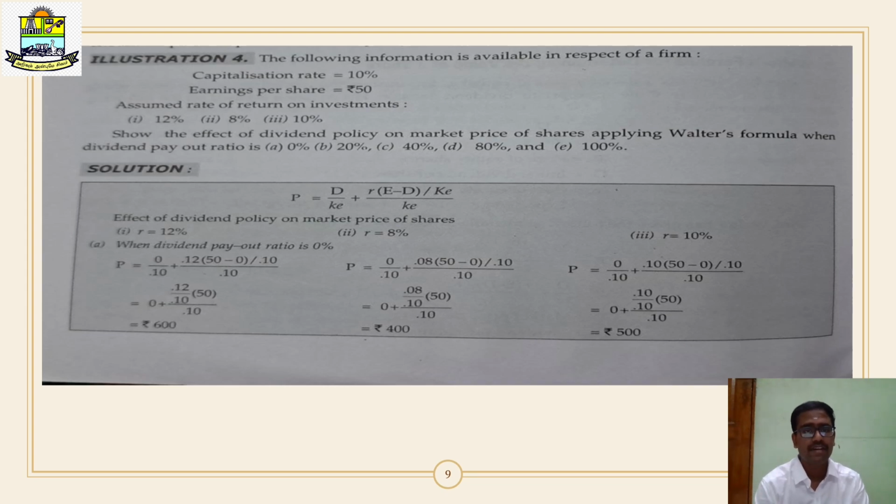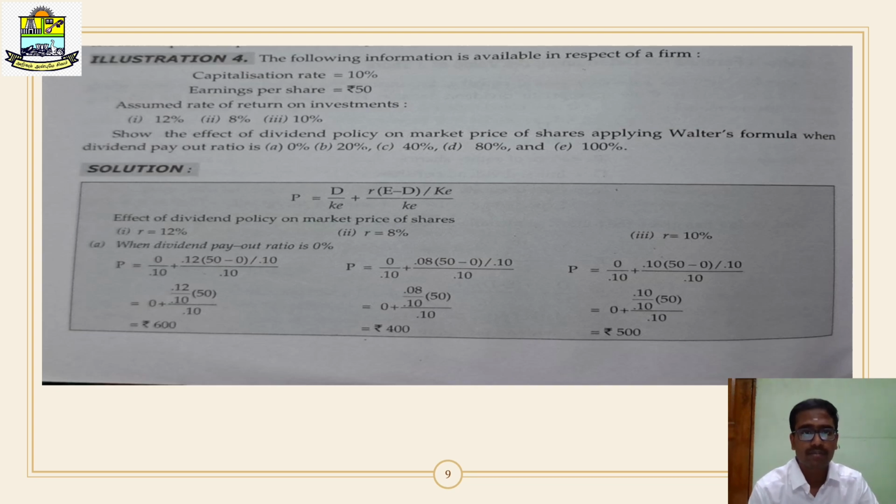When the rate of return is 12% and the dividend payout ratio is 0%, the market price of the share is rupees 600. When the rate of return is 8%, the market price of the share is rupees 400, and when the rate of return is 10%, the market price of the share is rupees 500.